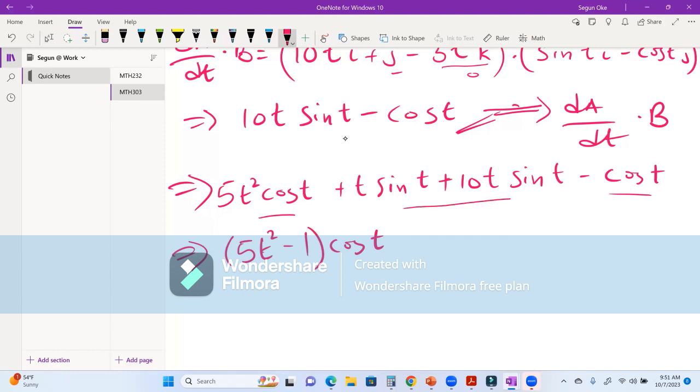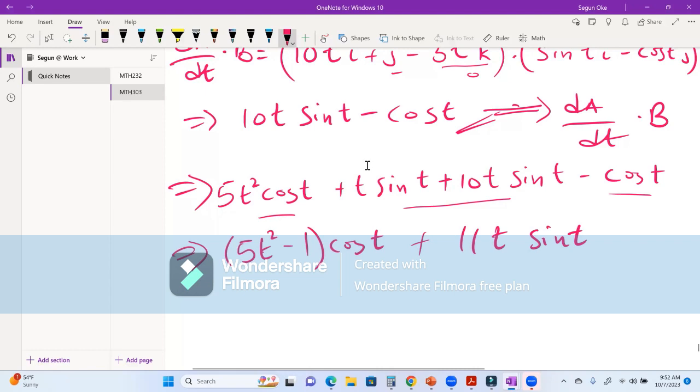But now you can add this together, because t sin t and 10t sin t will be plus 11t sin t. Any question? It simply means no question.